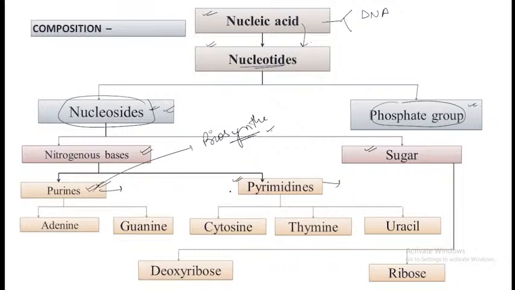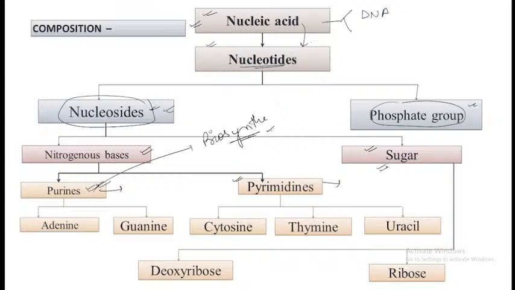And pyrimidines के अंदर हमारे पास तीन sub classes हैं, cytosine, uracil and thymine. I have tried to make this complete flowchart as simple as possible. It won't cause any kind of confusion to you, so try to have a very good grip over the complete composition of the nucleic acid, right?